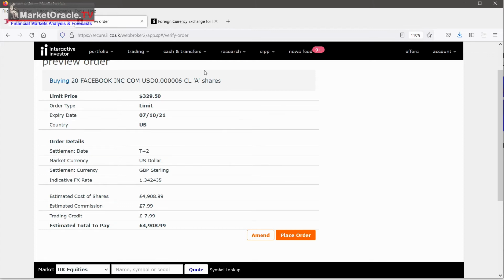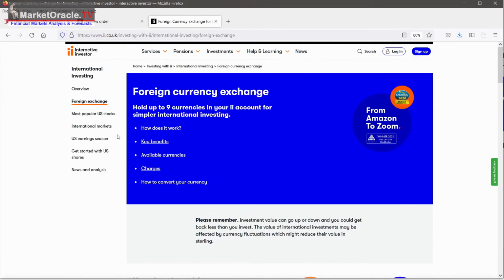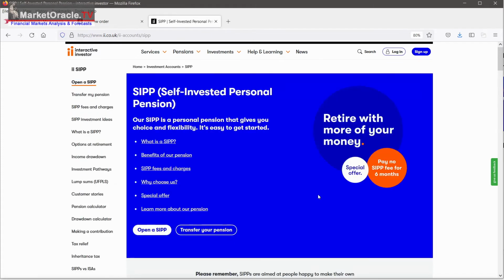And if you've got an account with AJ Bell, you should consider the pros and cons of moving it to II. They might have some offers going. Move your SIP.